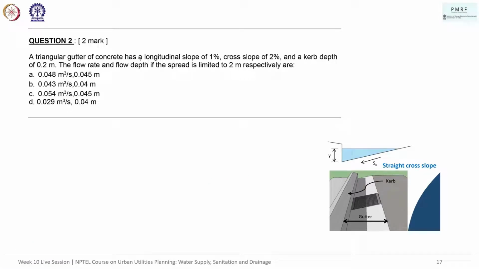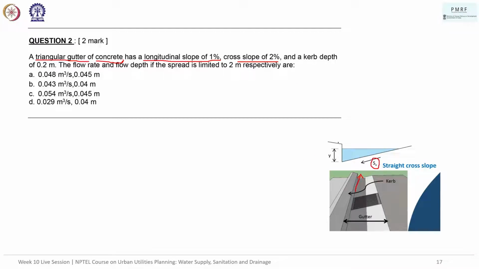Essentially, first of all, it's a triangular gutter, and it's made of concrete. So these are things to be noted. Then we have a longitudinal slope of 1%, which is the slope in the direction of flow, and a cross slope of 2%. The cross slope is Sx across the cross section.